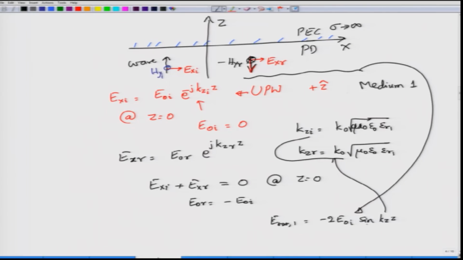Now, this condition makes sense because at z equal to 0 the electric field goes to 0, and after that the electric field would increase, go to 0, increase, go to 0, and so on. So, this is how the electric field gets reflected from a perfect electric conductor. We will postpone the discussion of the perfect electric conductor to some other module where it is really required when we talk about the modes. For now, thank you very much.